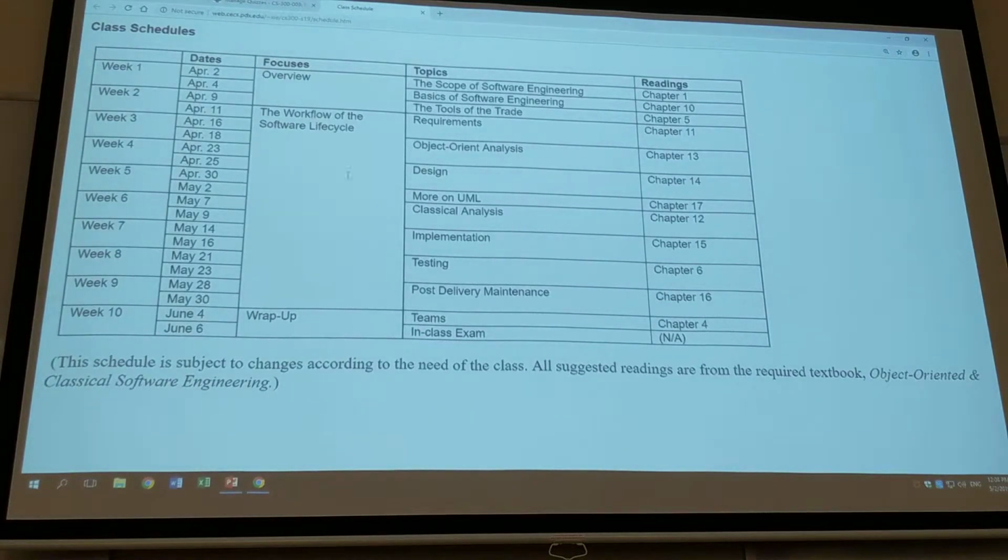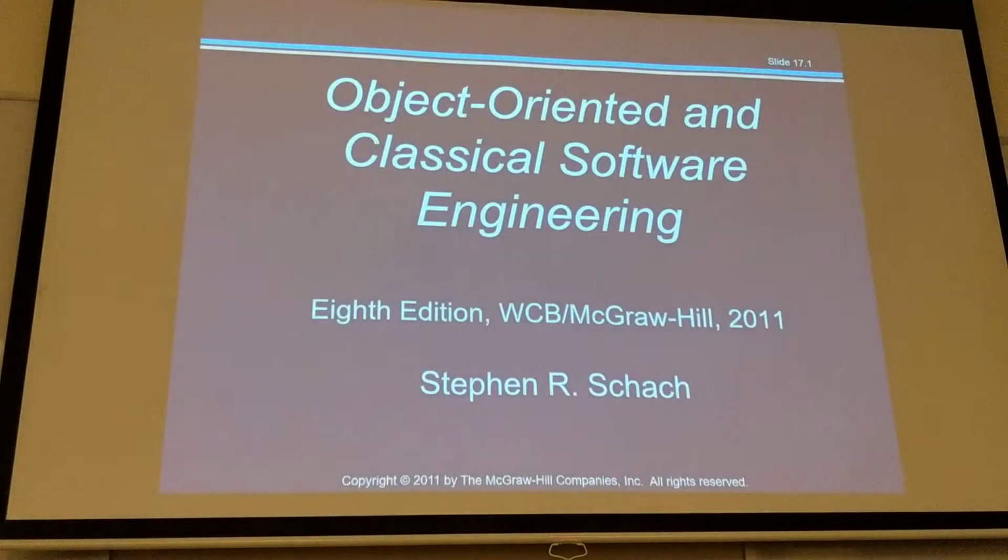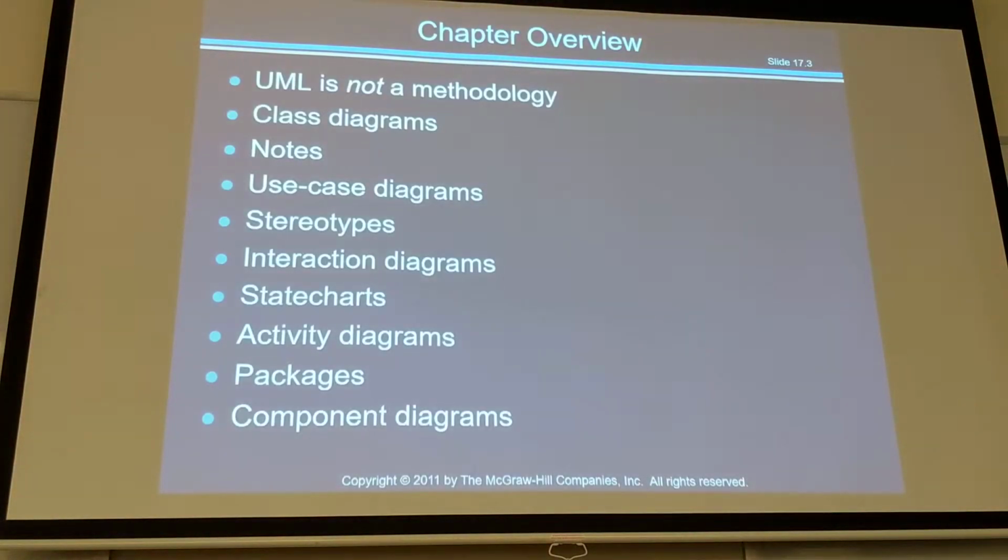Okay. So let's see. So it's not a methodology. It's a lump sum of figures, ways of writing things people found useful in software engineering from the very beginning. Okay.